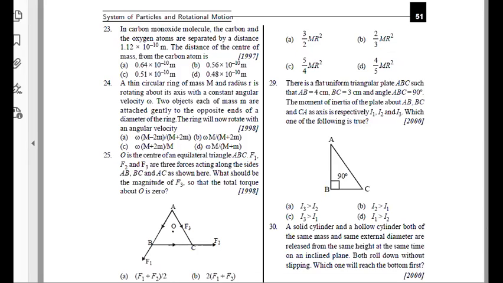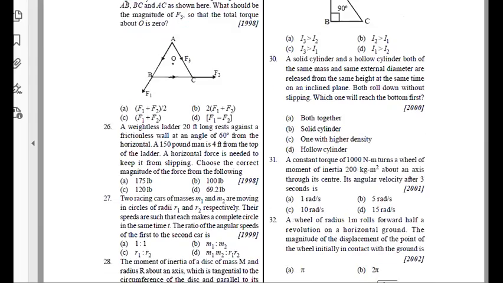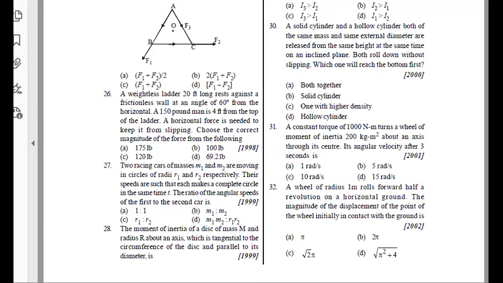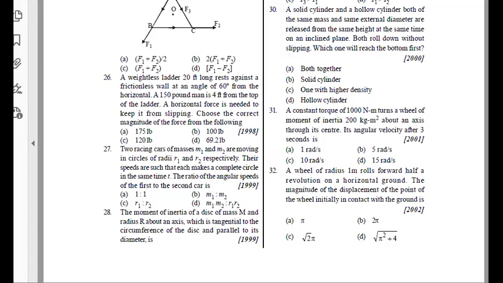Yes or no? 30 also is a repeated one. 31 easy. 30 we have solved, all of you can solve now, yes or no?